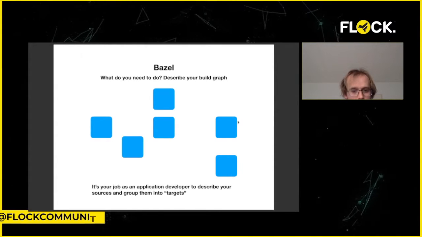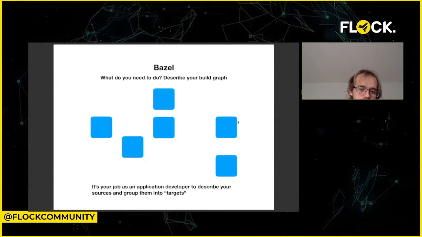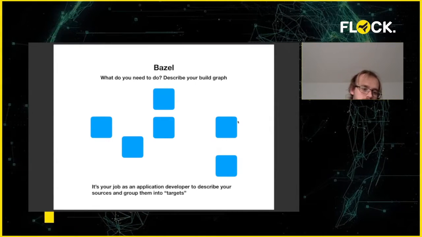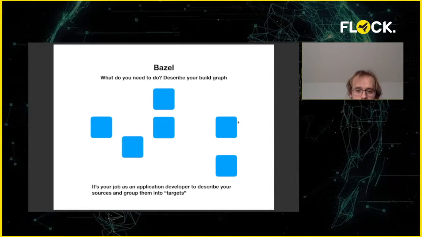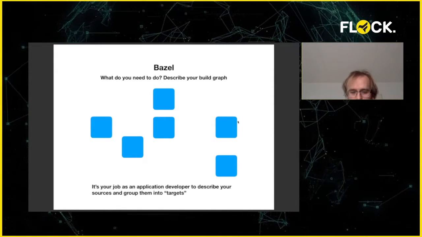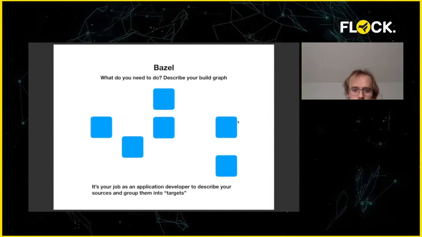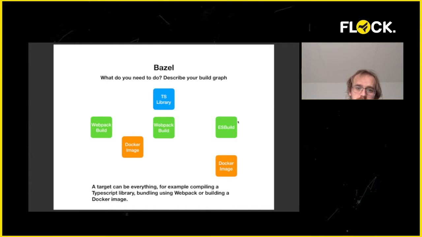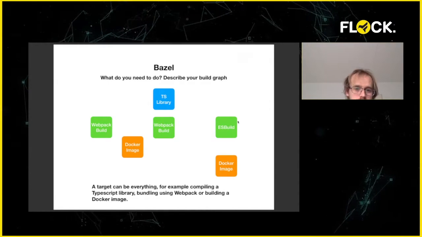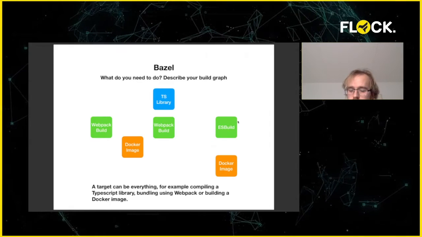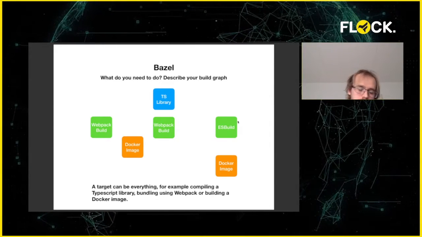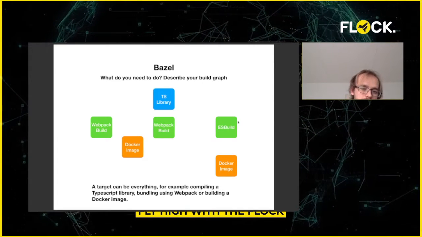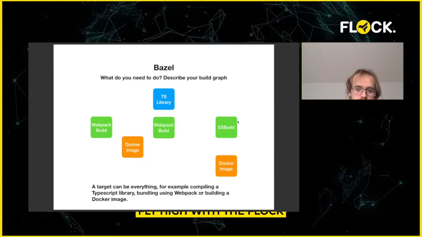First of all, and that's the most important task that you have to do as a programmer, you have to describe your build graph. You can group your source files into targets, and targets are things like building a TypeScript library, bundling some JavaScript files into a bundle using Webpack or ESBuild, or building a Docker image out of some files.